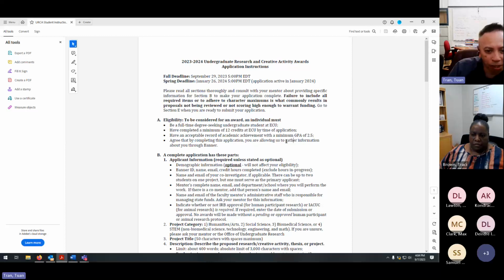If you are awarded, the money is transferred from our office. Tracy will be able to release the money if you're awarded. But we're really going to need the precise name of the person and their email, so that the proper person receives that information to process your paperwork and funding.